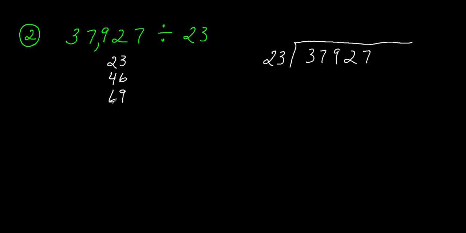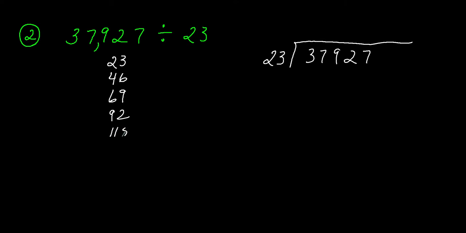69 plus 23: 69, 79, 89, and then add 3 more, that's 92. All right, let's do 92 plus 23. Go 92 plus 20, and then add 3 more. So 92, 102, 112, then add 3 more.